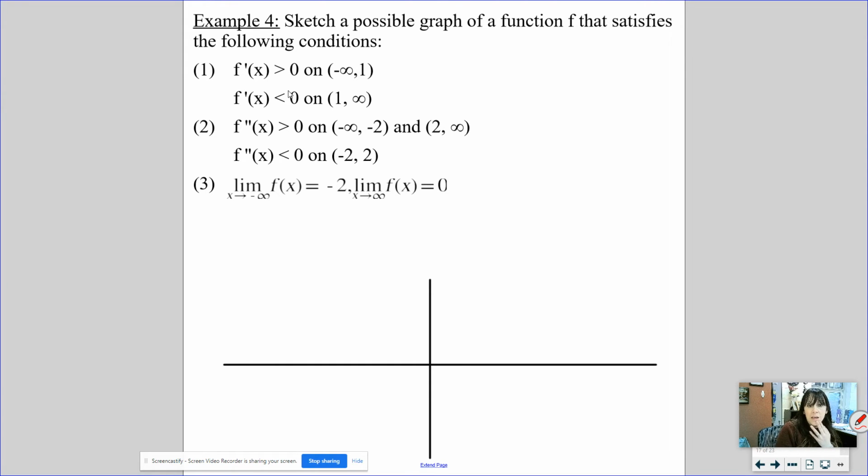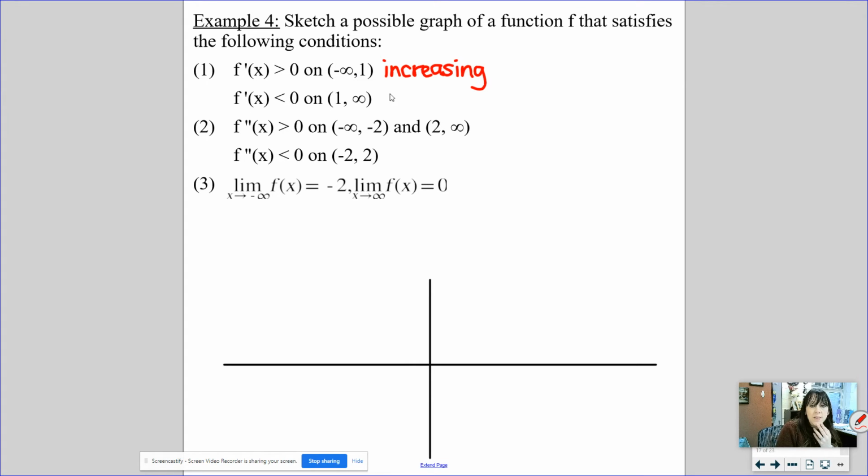Like in the first set of criteria, it says when f prime of x is greater than 0. That means that the slope is positive, which means that the function is increasing. Actually, let me just write increasing. So we want to draw a curve that's increasing from negative infinity to 1.